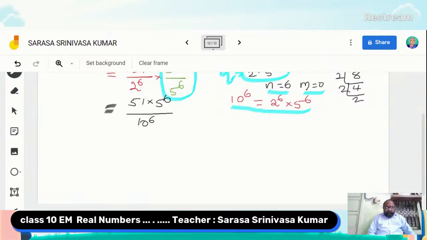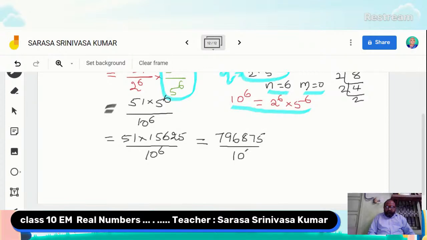This is equal to 51 multiplied by 5 power 6, which is 15,625, divided by 10 power 6. This is equal to 796,875 by 10 power 6.